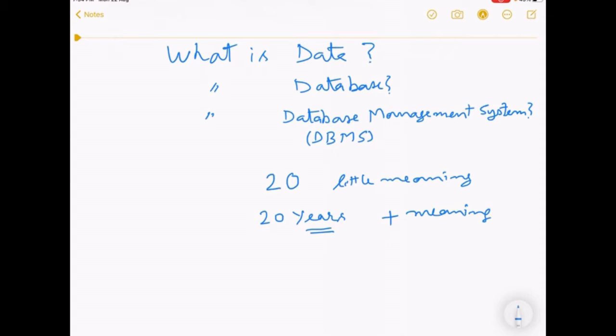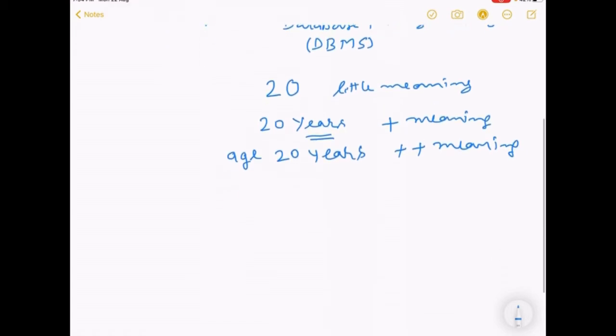But if I add here the word age, age 20 years, now you see I have added somewhat more meaning. Okay, so now it is referring to the age of some person, 20 years, but still it is not known who that person is.